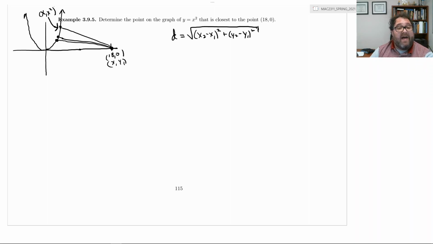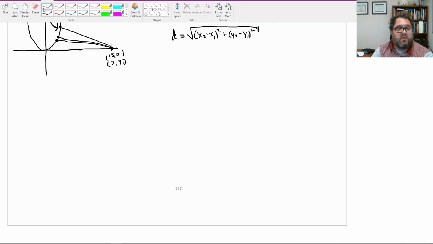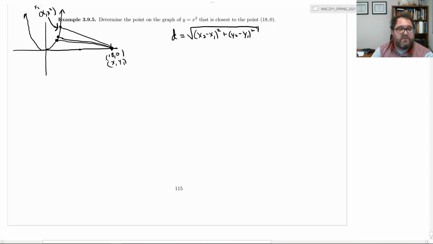So we can call that our other point because we want to figure out which one is closest. So let's call this x2 and y2. Now simply plug into our distance formula. So d for distance equals square root.